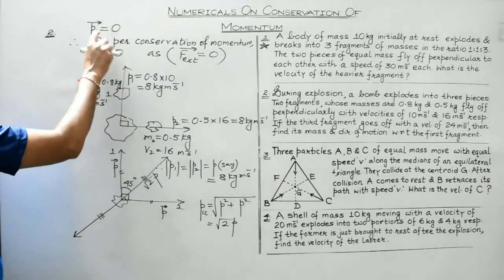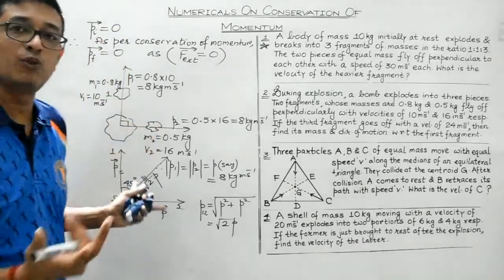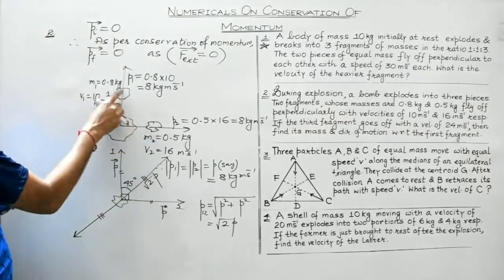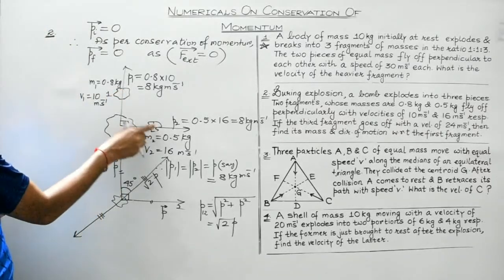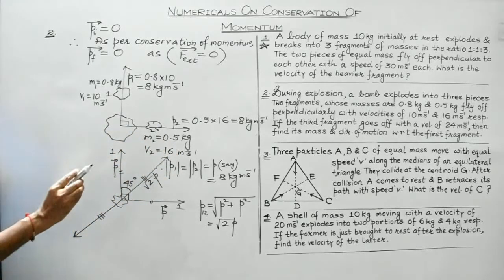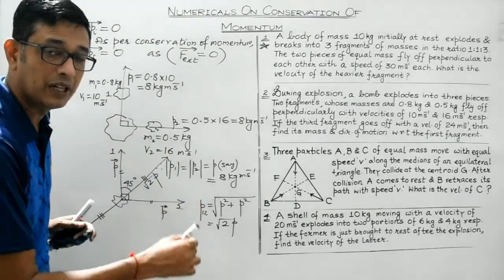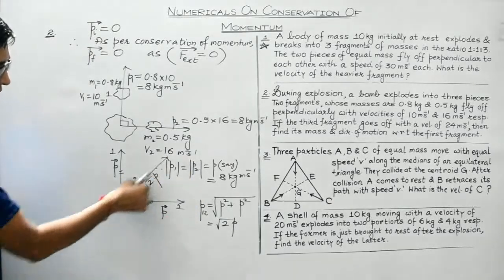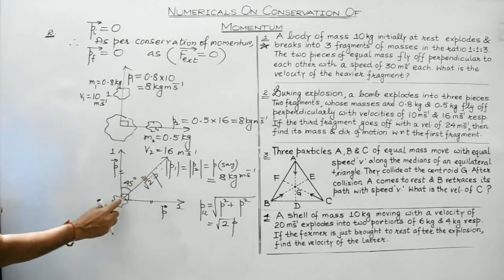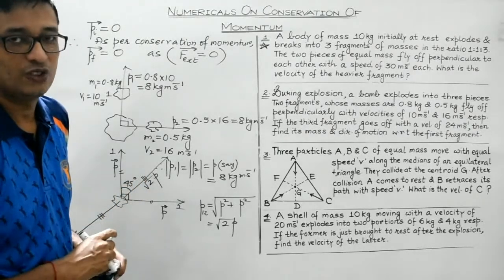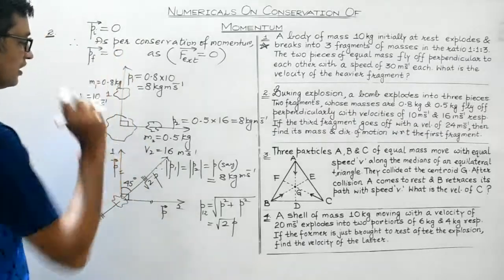Initial momentum is 0. So the final momentum after explosion must also be 0. These are the two fragments. The resultant momentum of these two fragments is along this direction. So if the third fragment possesses momentum of same magnitude and in the opposite direction to that of root 2p, then the final momentum of the system must be 0. Right? So it will satisfy this condition now.